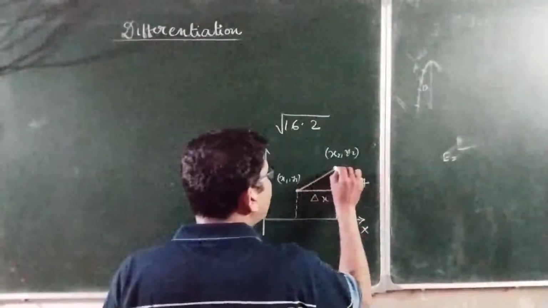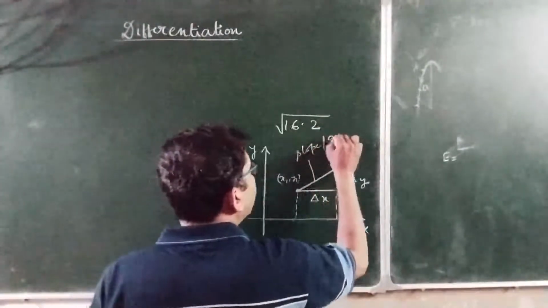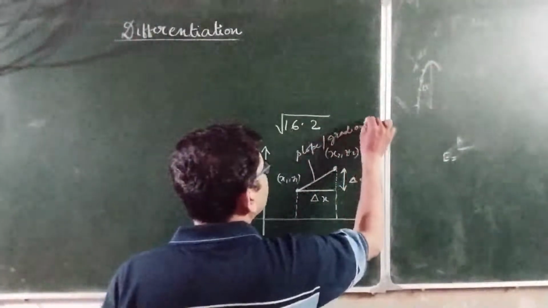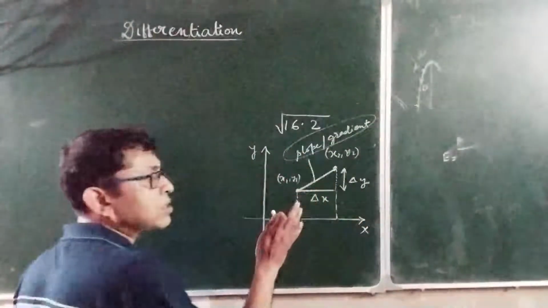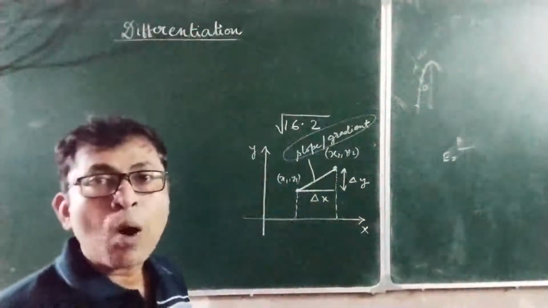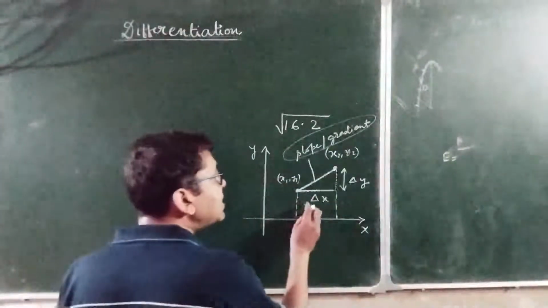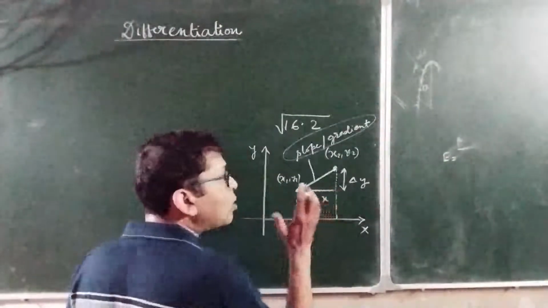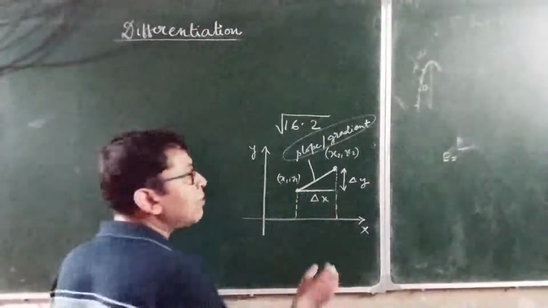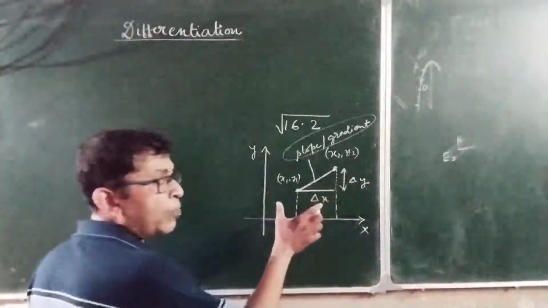Now this part is called slope or gradient, and this term refers to the comparable changes. That means when you change the value of x by a certain amount, what will be the change in the value of y with respect to that change of value of x.